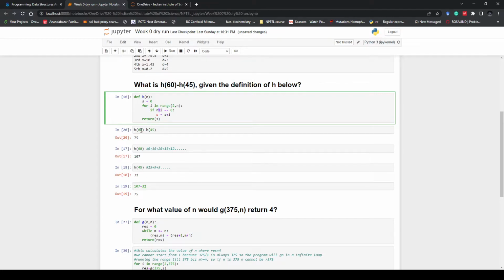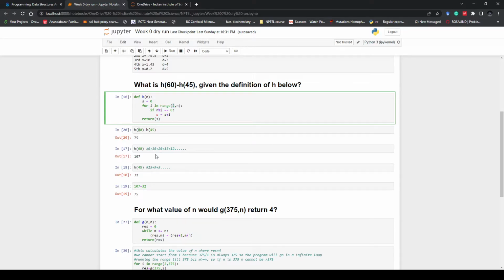So when I'm running this for 60, when I'm starting, s is equal to 0. Now for i in range starting from 2, so i starts from 2, correct? 60 by 2 is 30, so the remainder is 0, so s is equal to s plus i.